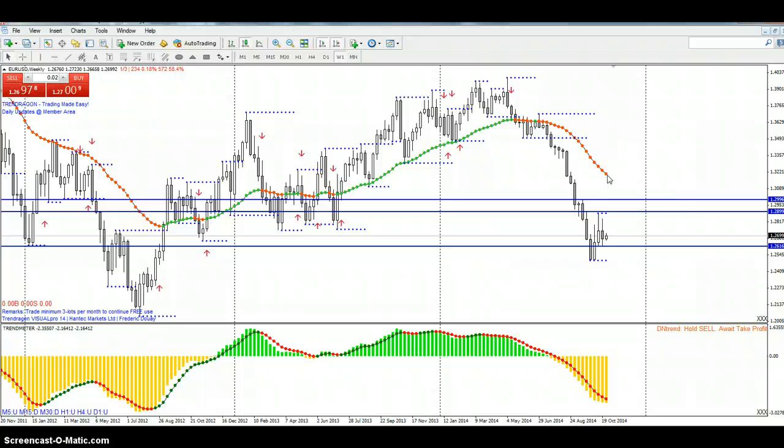So if it did that, it still would mean that the currency could still be in a downtrend, depending on how it behaves from there.